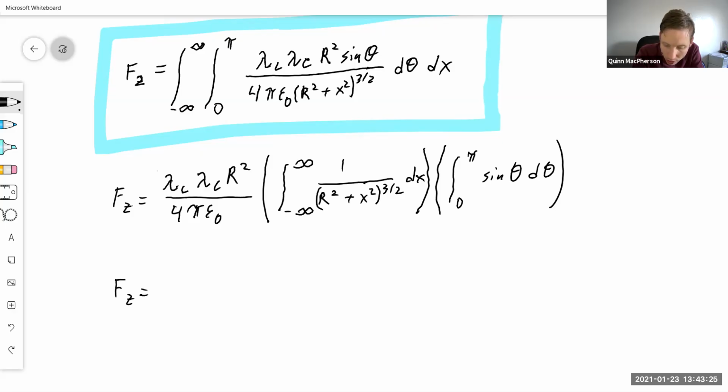Fz is equal to lambda L lambda C r squared over 4 pi epsilon naught. And then I'm going to write this as a square bracket.